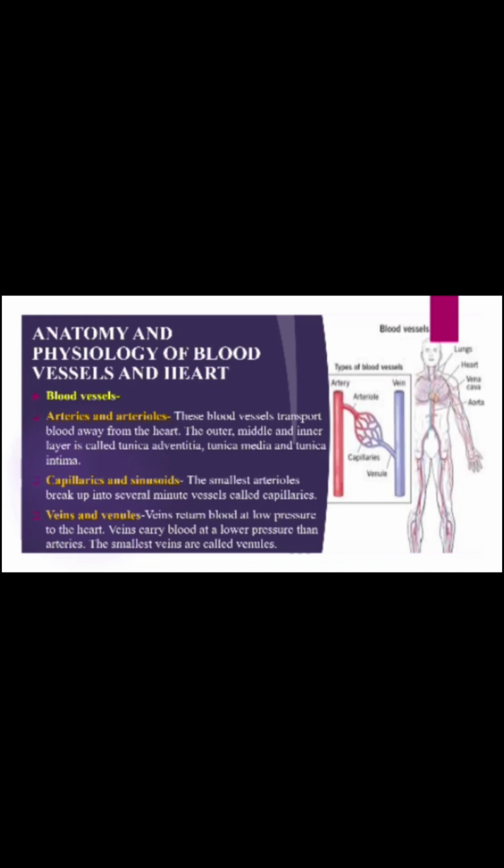The capillaries form a vast network of tiny vessels that link the smallest arterioles to the smallest venules. Then veins. Veins return the blood to the heart, and they have lower pressure than the arteries. The smallest veins are called venules. Here in the picture, this is the artery, this is the capillaries, and here is a vein.